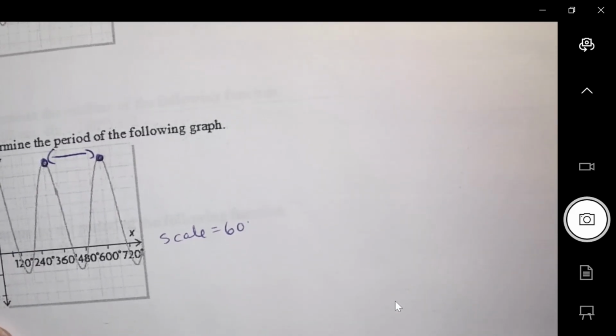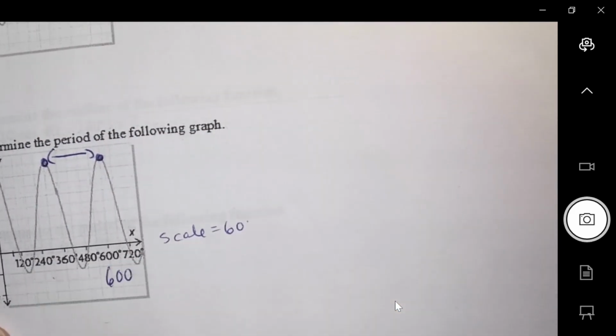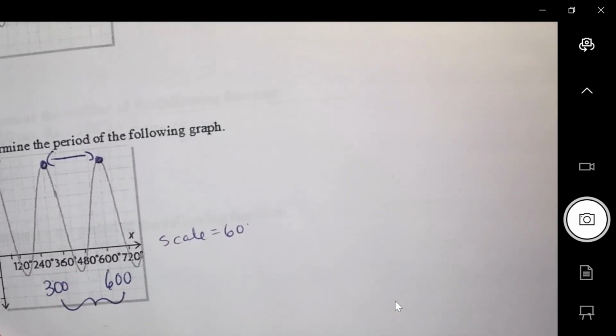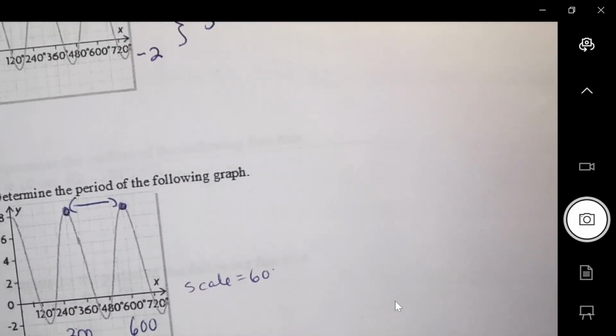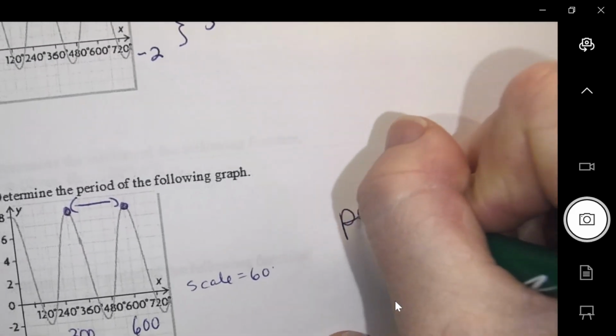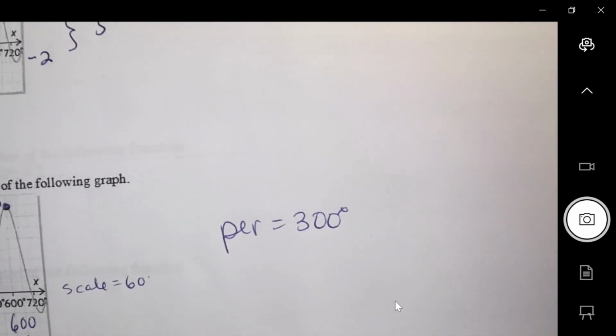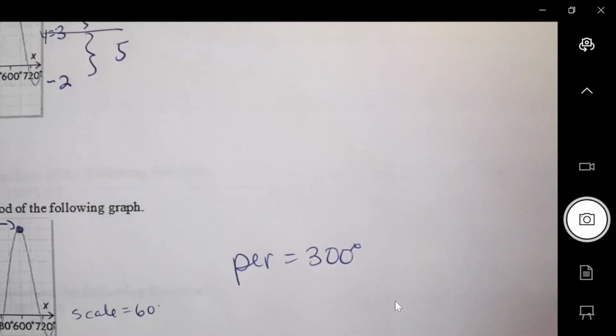You can pick whatever you want as long as it's the same point to the next repeating point. So the number on this was 600. What is the number on this one? If it's going up by 60s, then this should be at 300. So if it went from 300 to 600, how much distance, how much space is that? So the period equals 300 degrees.